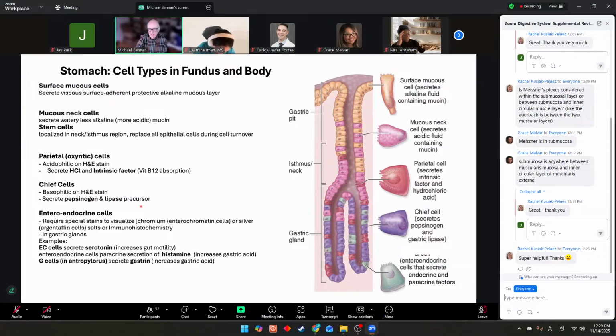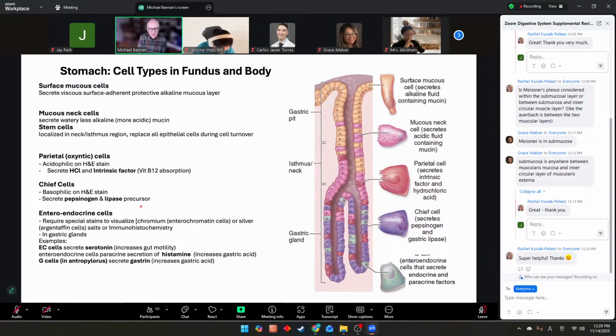You'll notice this is a common pattern in the GI tract where the cells that are producing digestive enzymes synthesize proenzymes that are then activated when the proenzyme reaches the lumen of the organ. So the same is true here in the stomach. The chief cell synthesizes pepsinogen and a lipase precursor that get activated when they hit the lumen of the stomach.